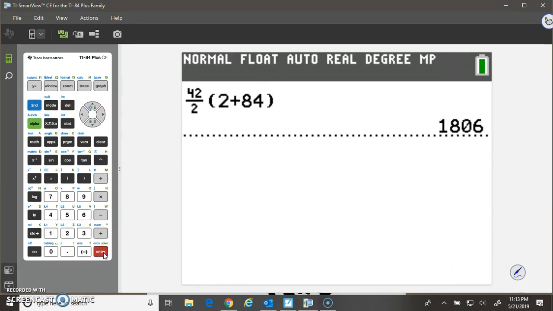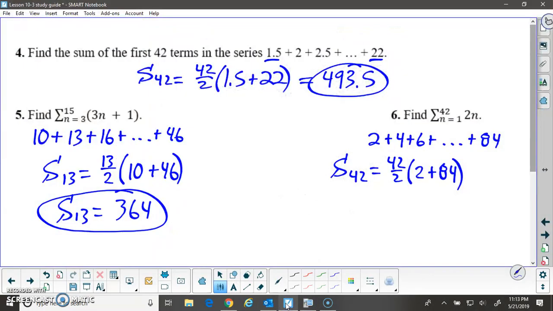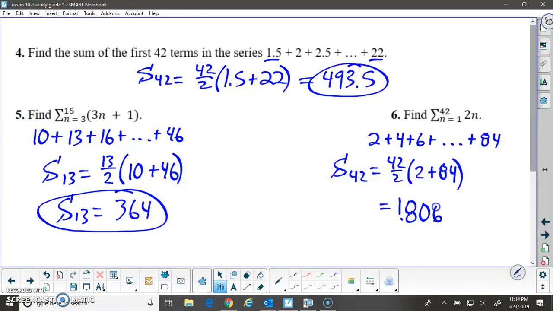And that gives us a total of 1,806. And again, that's the 42nd partial sum. So that's some examples of arithmetic sequences and series.